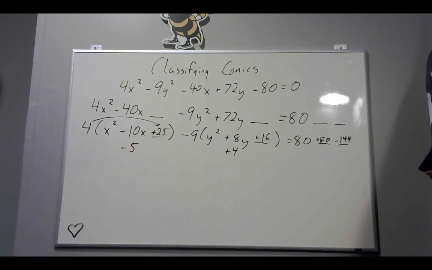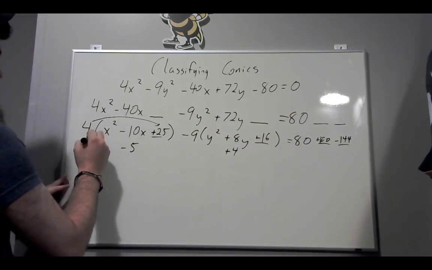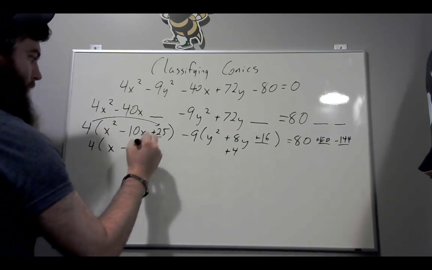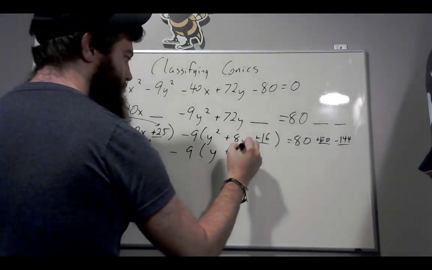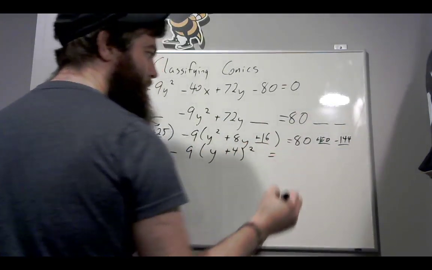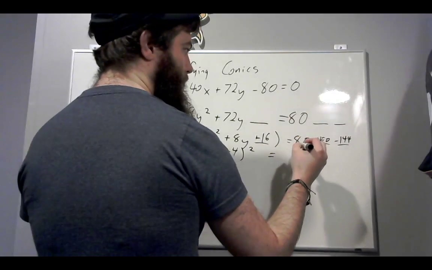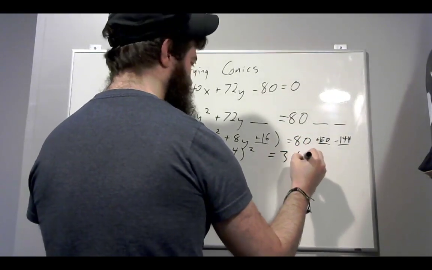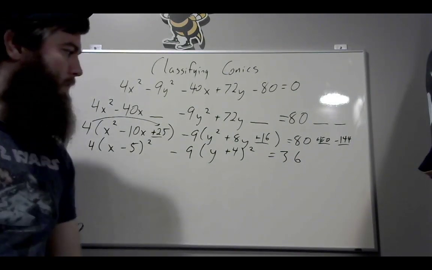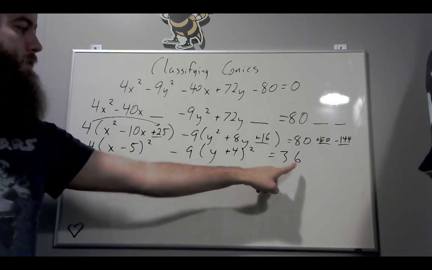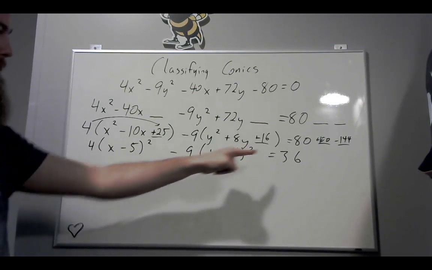So we can go and factor and simplify pieces. So this is going to be 4 times the quantity x minus 5 squared minus 9 times the quantity y plus 4 squared equals 36. So the last piece I need to do is then divide each term by this 36.